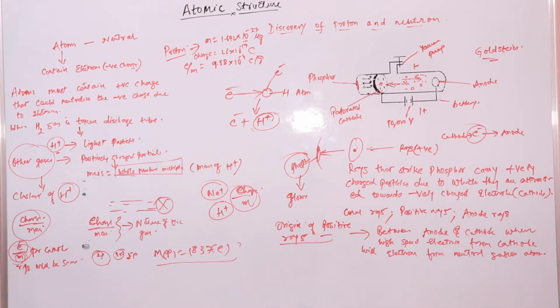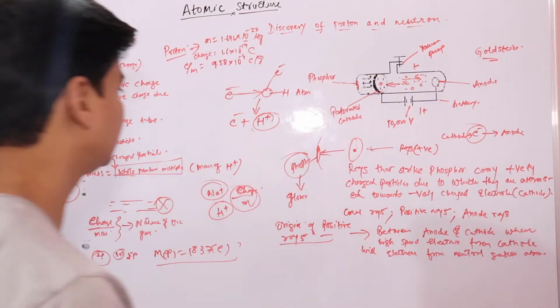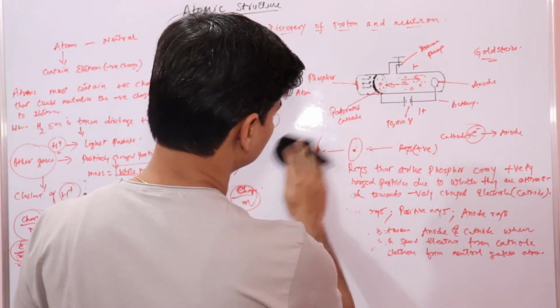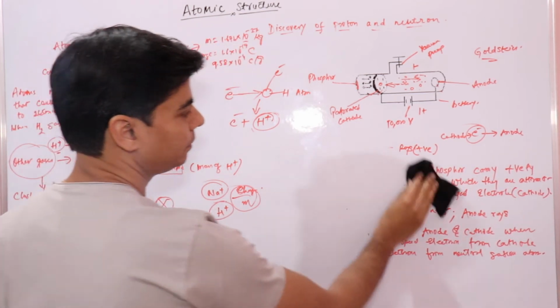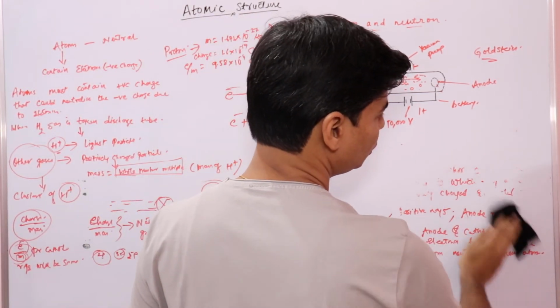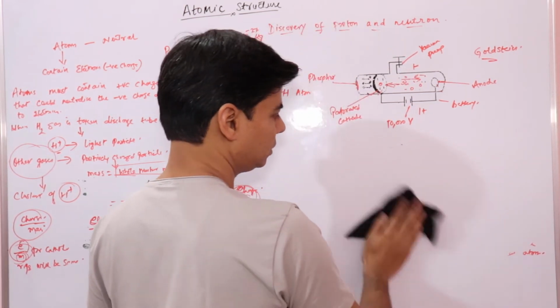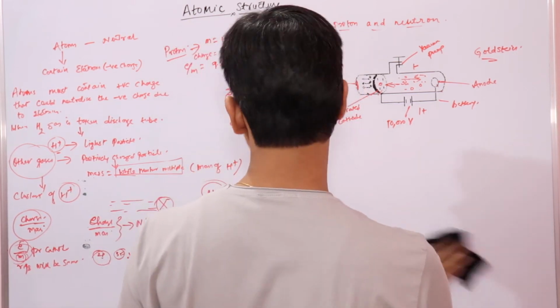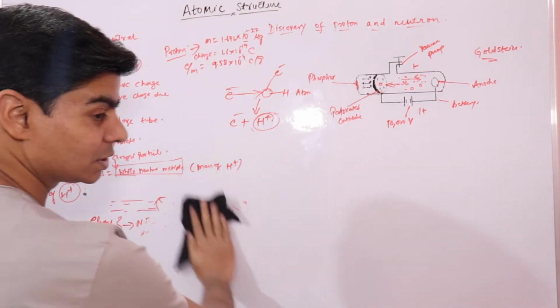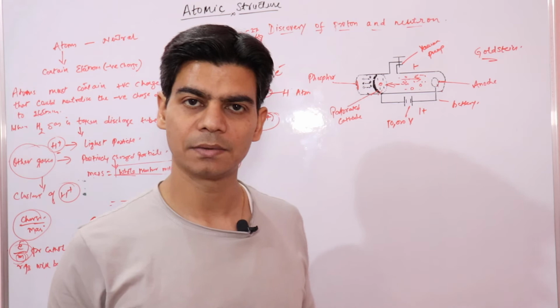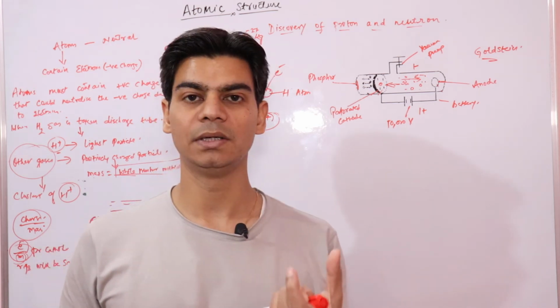Now we'll go through the discovery of neutrons. We have studied in previous classes that when you draw orbital diagrams, while showing an electrovalent bond or covalent bond, you draw electrons moving around in different shells, and protons and neutrons inside the nucleus.